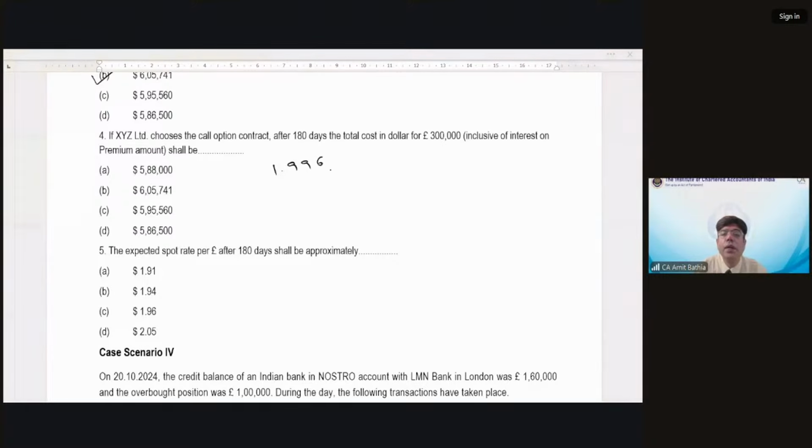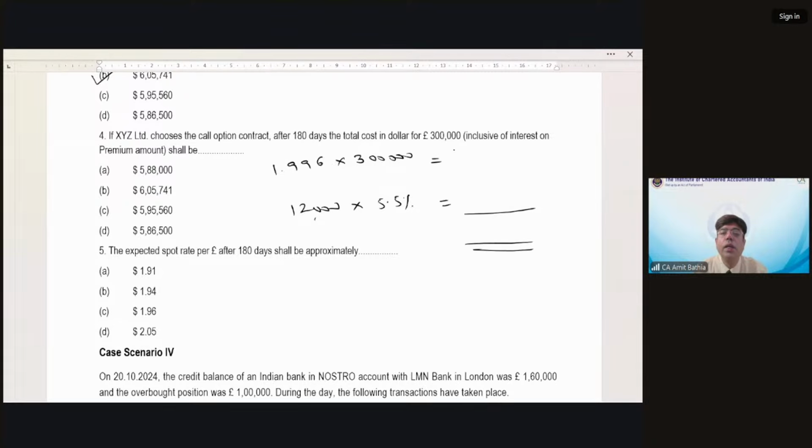I am going to have over here 1.996, multiply that with 300,000 pounds, plus 12,000 is the premium into 5.5% for 6 months. So that comes to how much?